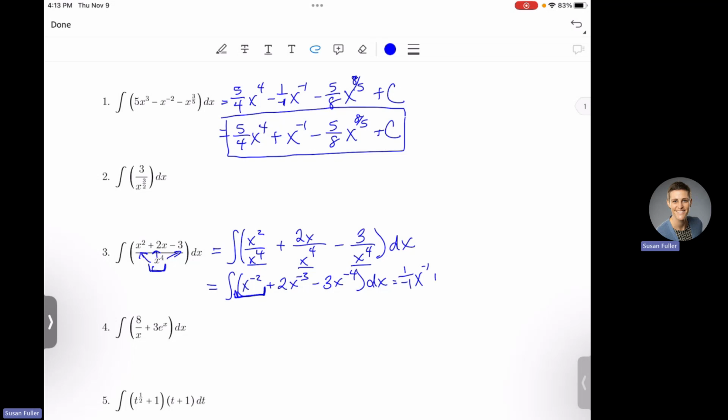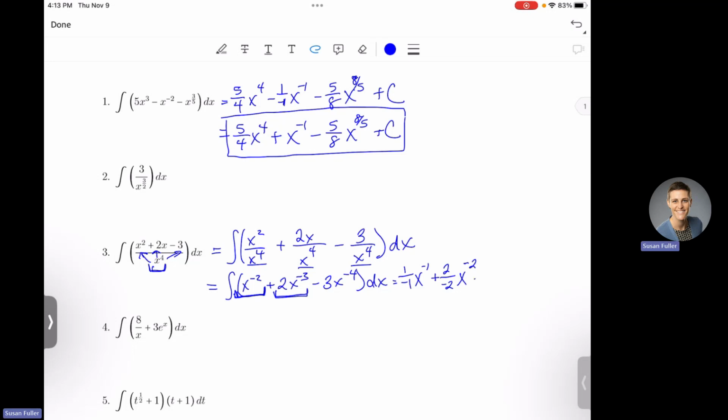And then I can add to that the antiderivative of my second piece. In order to undo this, I'm going to add 1 to my exponent because this is a power rule as well. X to the negative third, negative 3 plus 1 is negative 2. And I'm going to take whatever I have out front, that 2, and divide by negative 2, my new exponent.